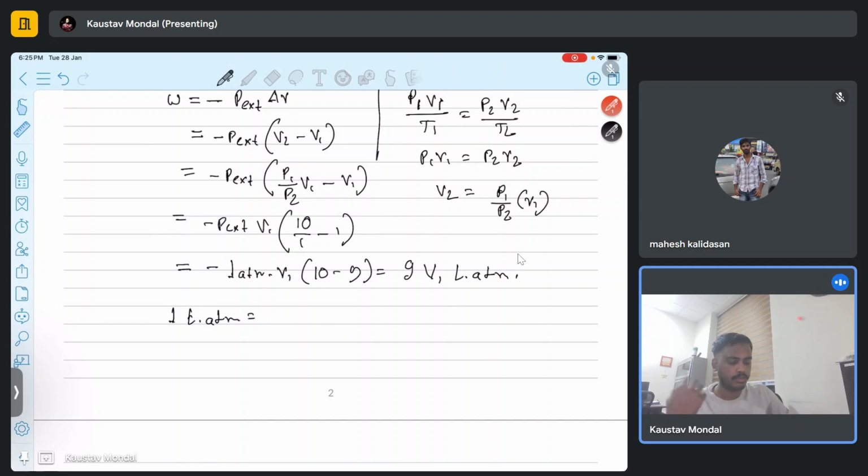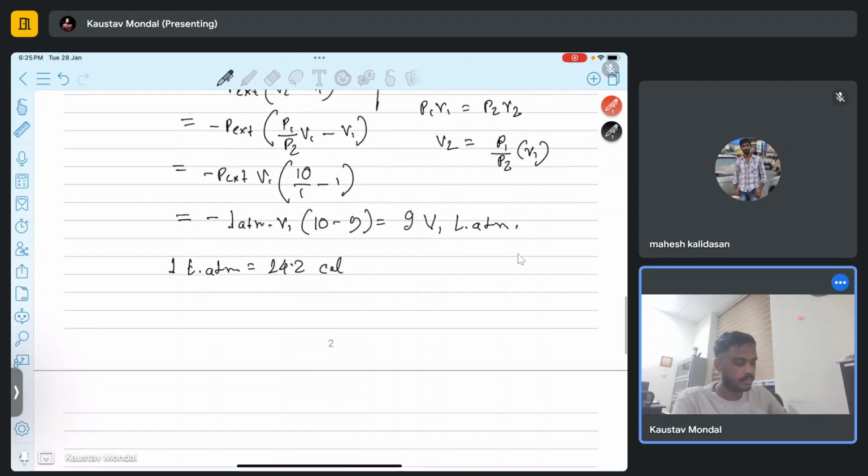Previously we used the conversion from liter atmosphere to joule, but here we use the conversion from liter atmosphere to calorie. So 1 liter atmosphere is equal to 24.2 calories. This conversion information will be given in the problem.